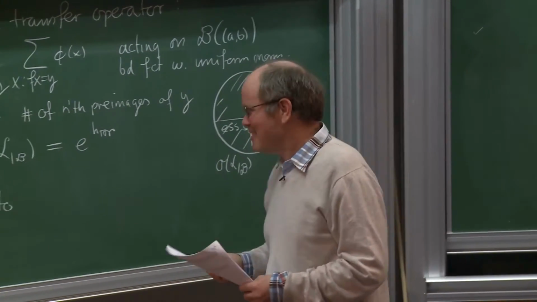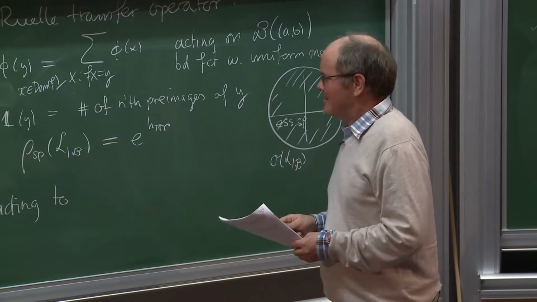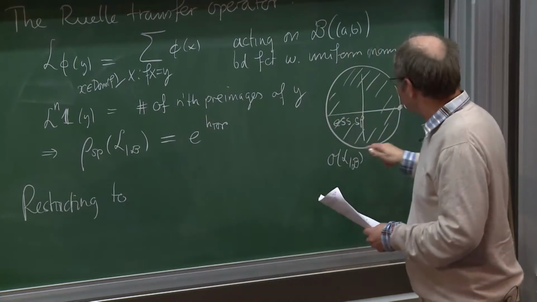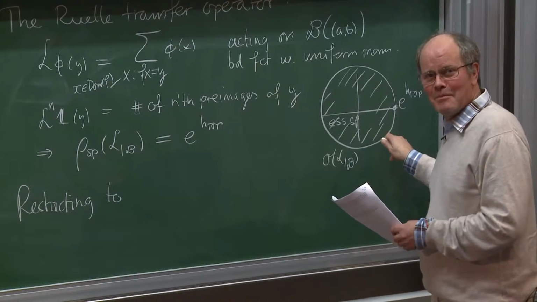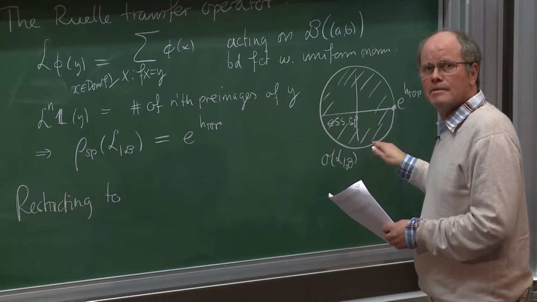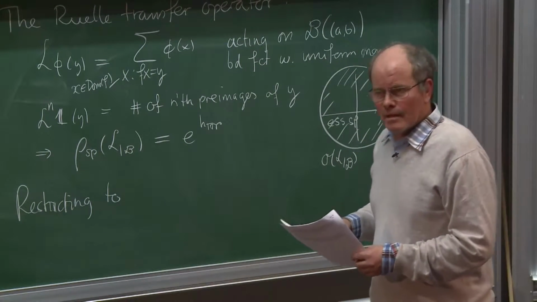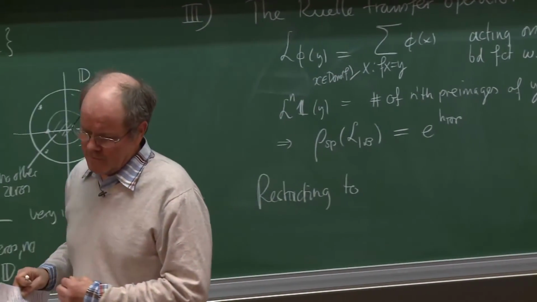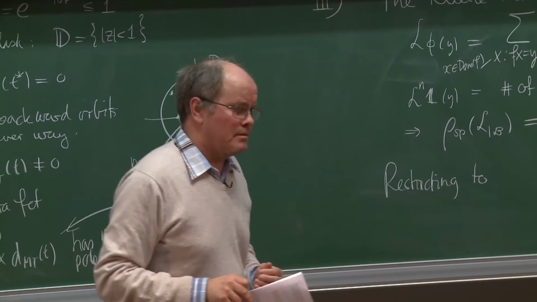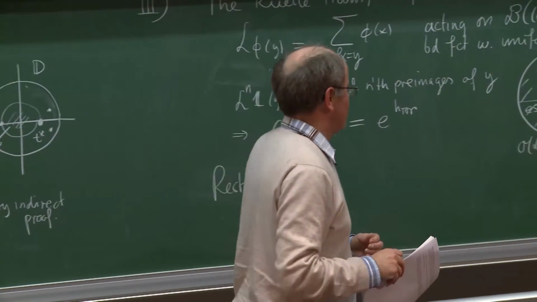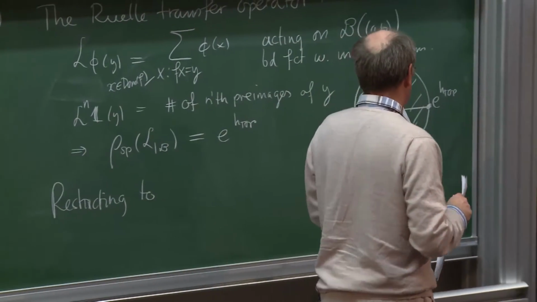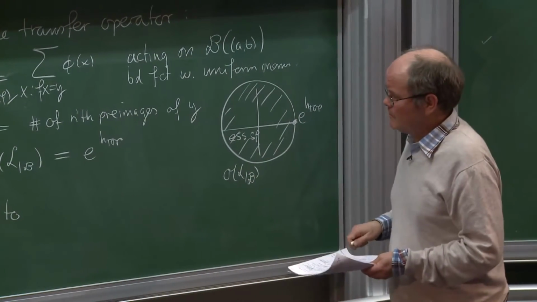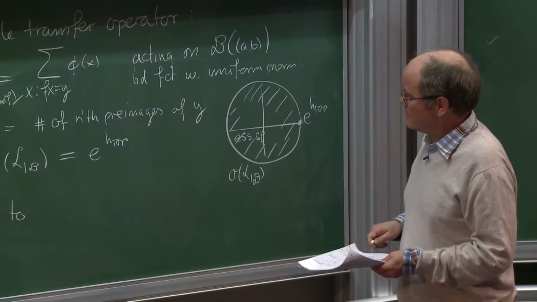Thank you. So, in general, it's contained in the disk here, and in many cases, you will get the full disk. You would need some mixing or something, right? Yeah, probably. So, at least in this space here, it's very difficult to get some interesting spectral structure out of it.